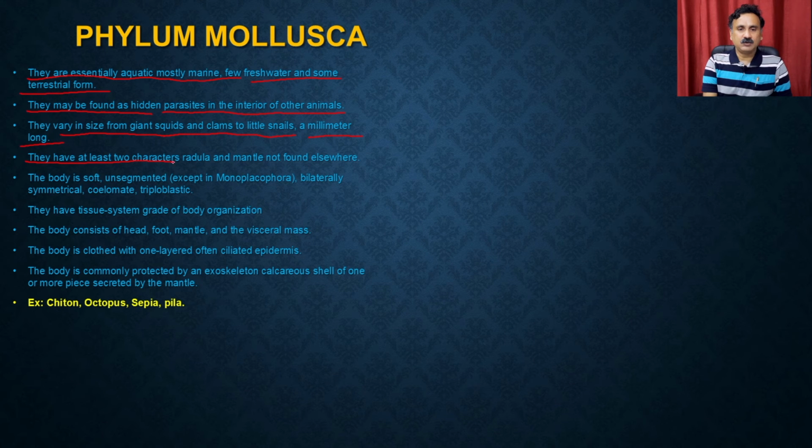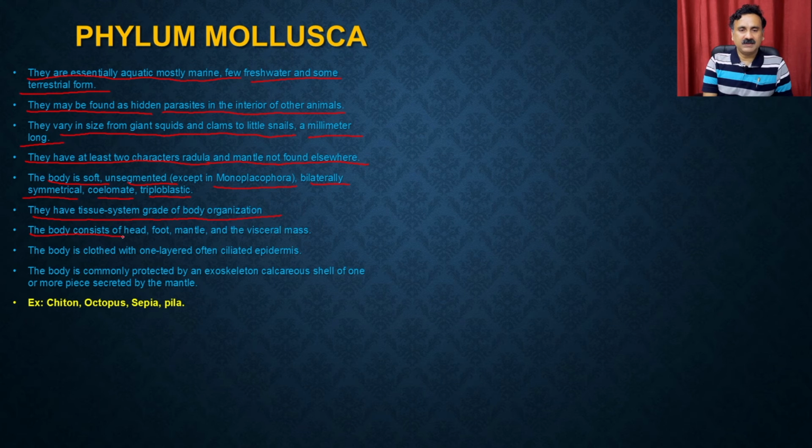They have at least two characters, radula and mantle, not found elsewhere. The body is soft, unsegmented except in one particular category, bilaterally symmetrical, coelomate and triploblastic. They have a tissue level of body organization.